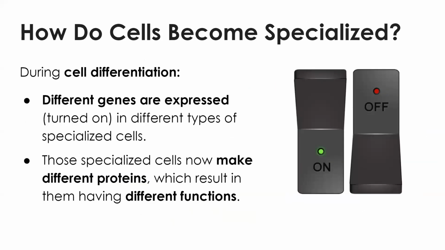Well, all cells have the same DNA, and your DNA is made up of different kinds of genes. Each of these genes is for specific proteins that result in different functions. And so these different genes are expressed in different types of specialized cells.